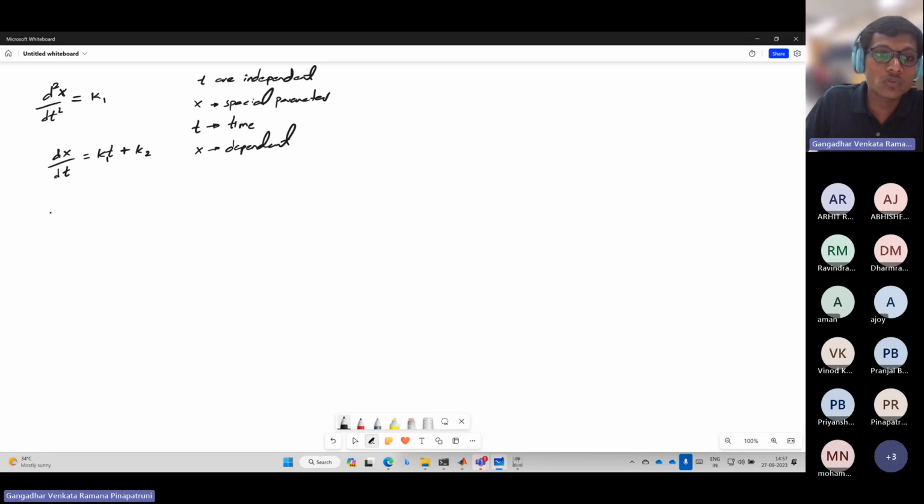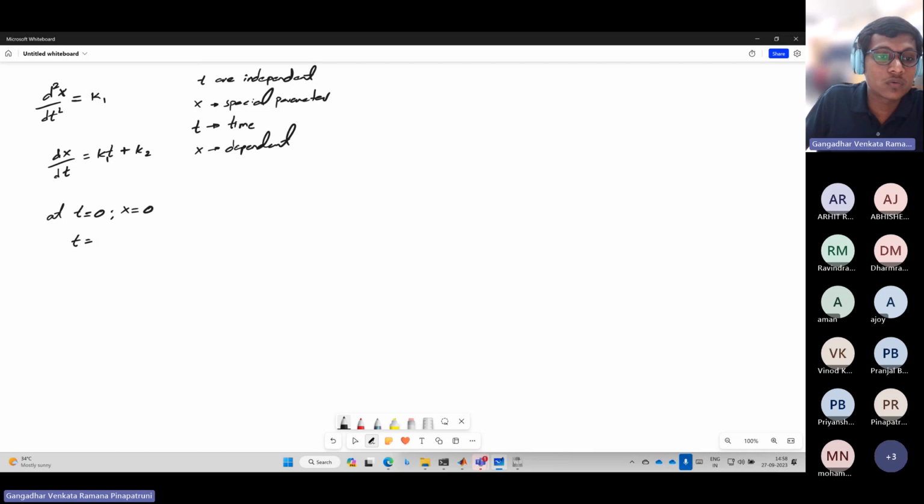How many of you know to solve this equation, if I give t at 0 second: at t equals to 0, x equals to 0.